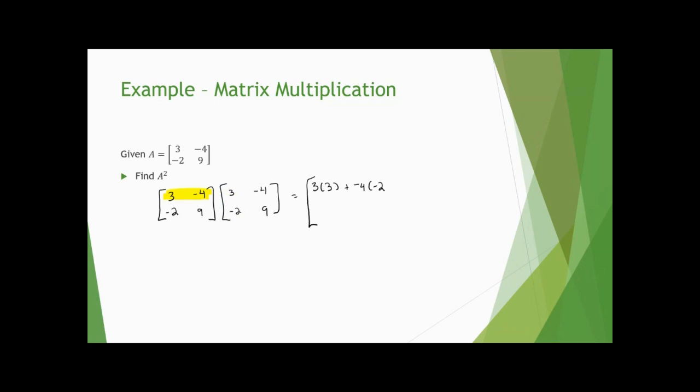Then you take that first row and multiply by the second column. So you have 3 times -4 plus -4 times 9. Now notice none of those are like -4 squared. You're not actually squaring that part at all in that particular multiplication.